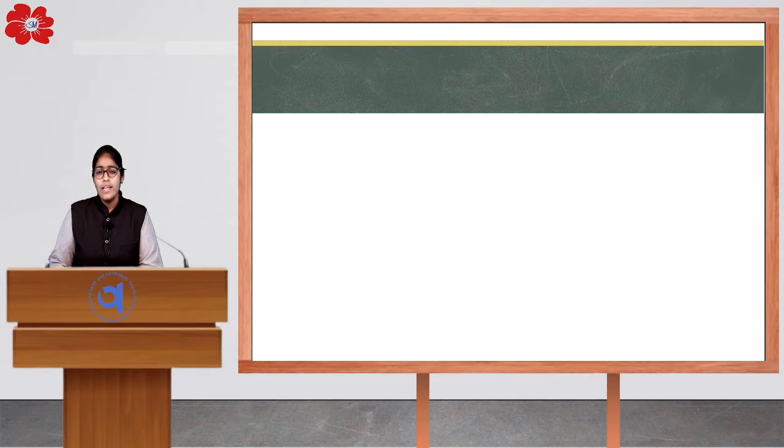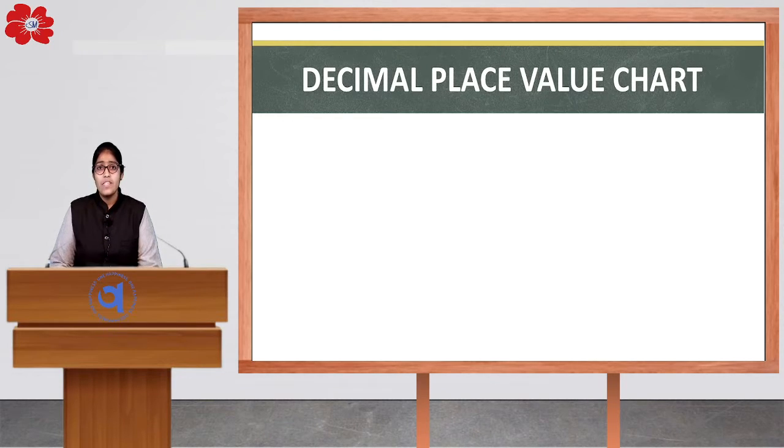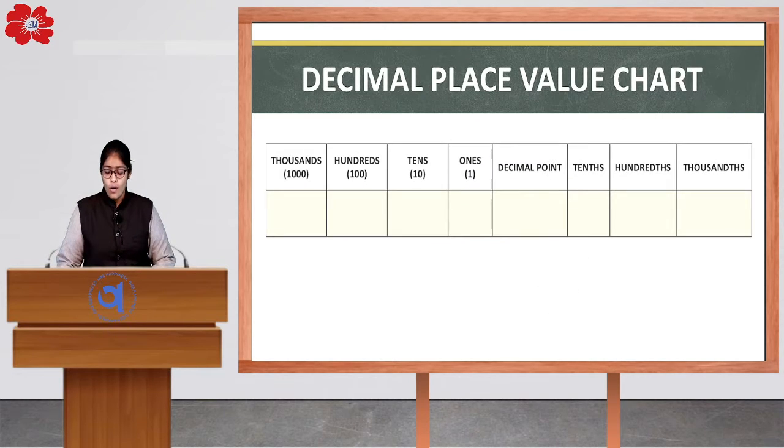Now let us learn about the decimal place value chart. You have learned about the place value chart of whole numbers, which includes ones, tens, hundreds, thousands, and so on. We know that as we move towards the left side of the place value chart, the place value increases by 10 times.